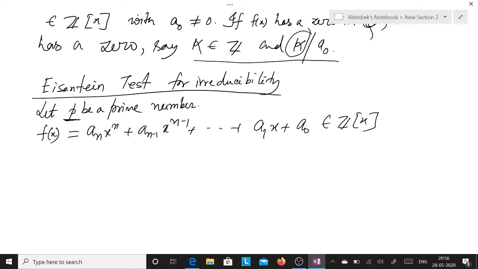Okay. Now this prime will work for this polynomial in this way.